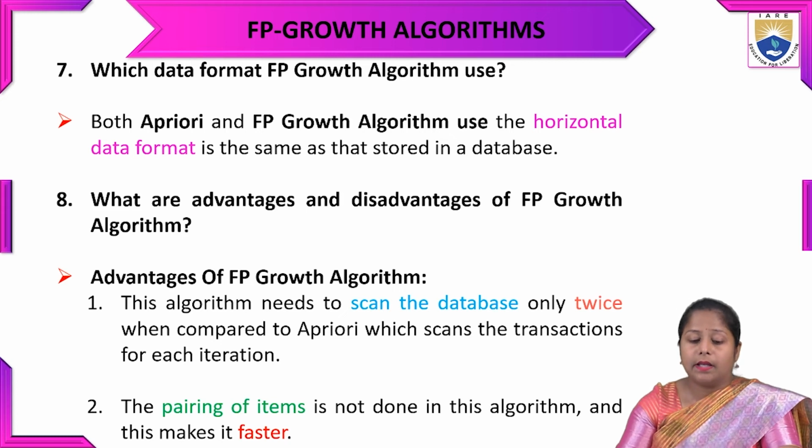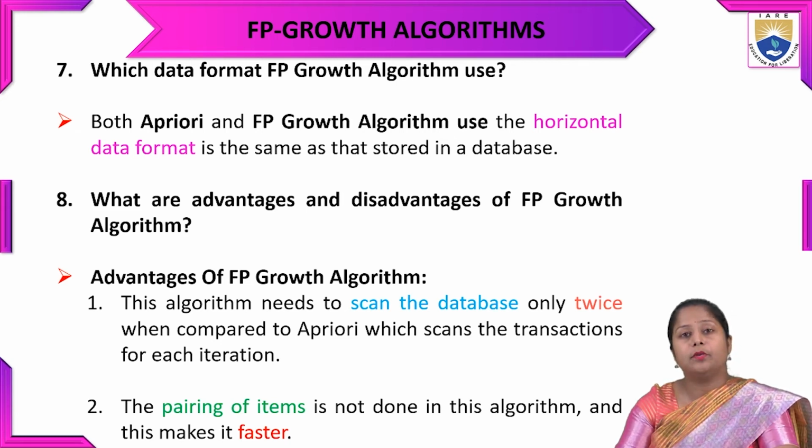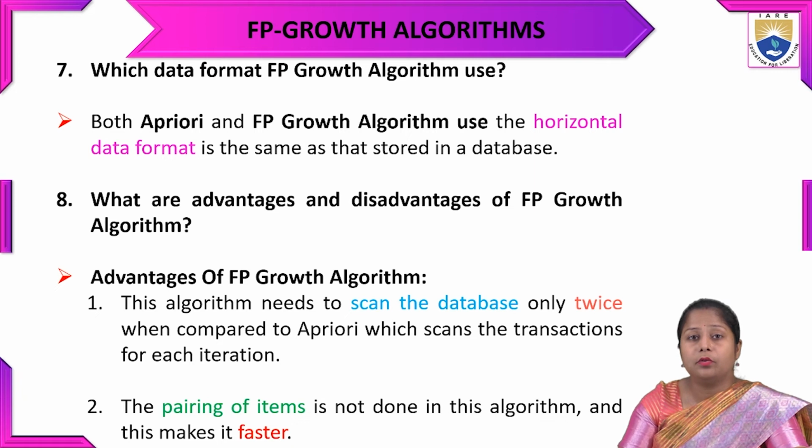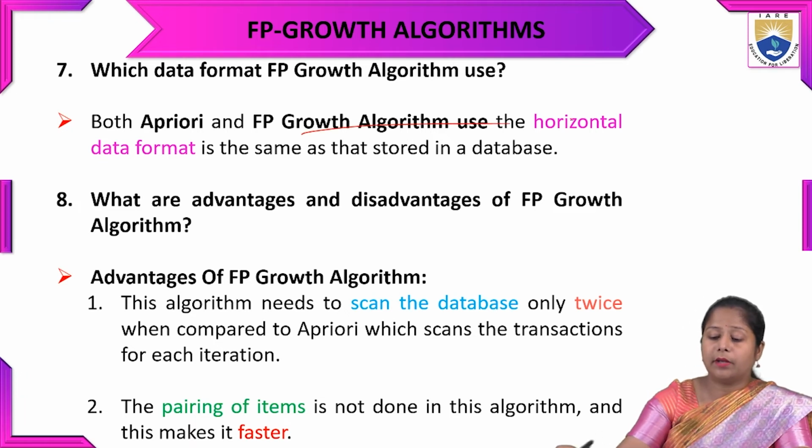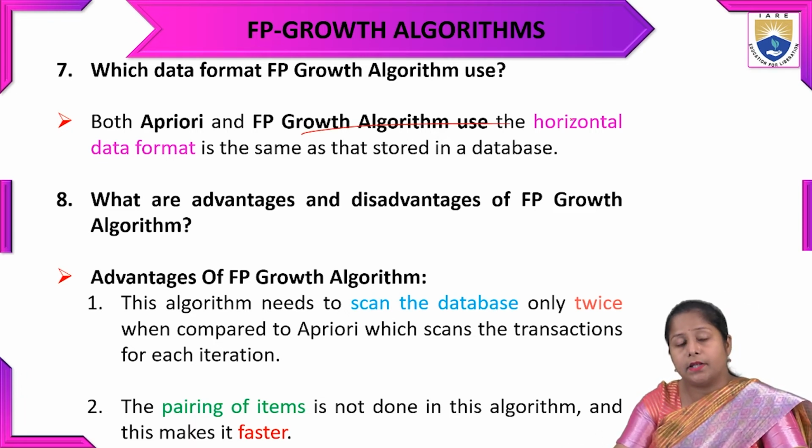Next question: which data format does the FP growth algorithm use? Both the Apriori algorithm and the FP growth algorithm are used for finding frequent patterns, and both use the horizontal data format.